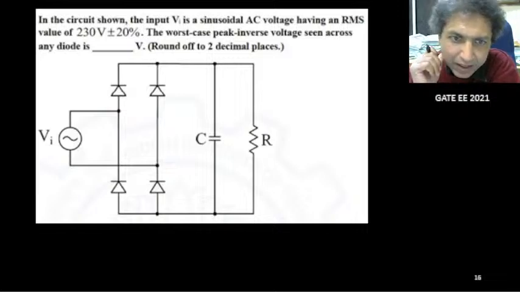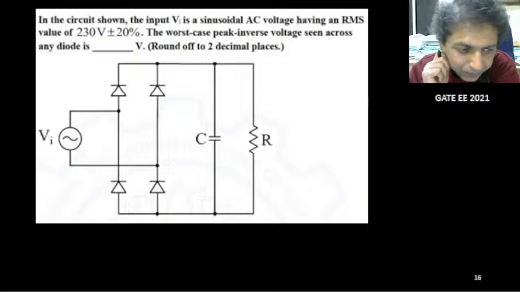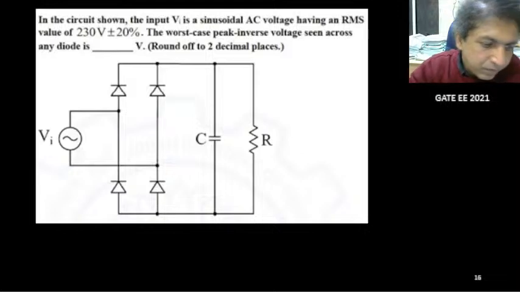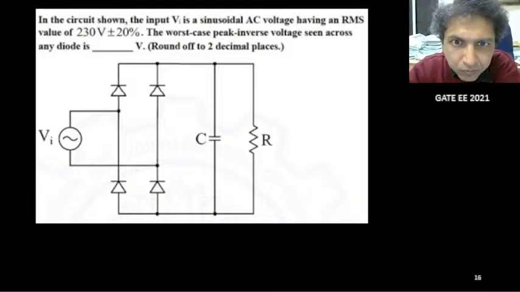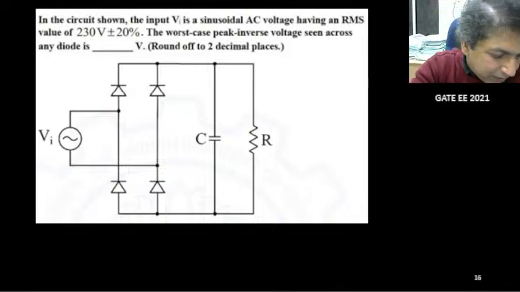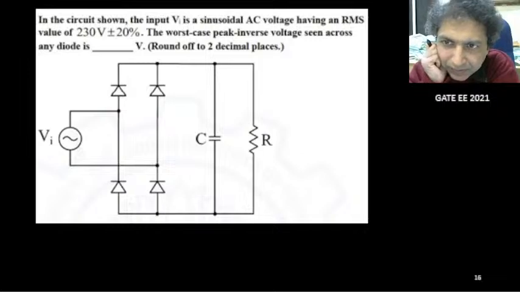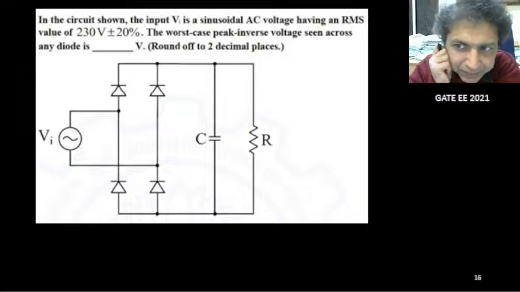So can you solve? Can you please let me know what kind of circuit it is? Anyone please? What is the circuit? Can you identify the circuit?